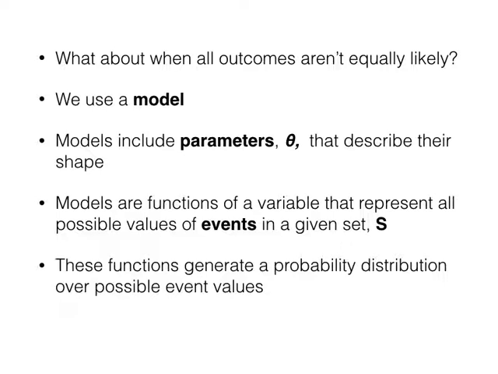Typically, in real-world scenarios, we're not dealing with just counting the total number of possible events and putting them over the total number of possible things that can happen. That's often simple. Too simple for what we need. So instead, we use a model. Okay?